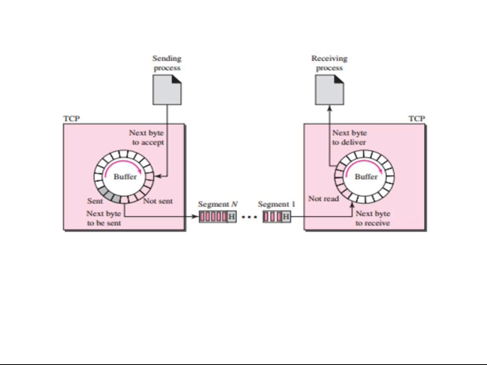For example, both the sender and receiver buffers keep track of how many bytes are already sent and how many bytes are yet to be sent. So there is a pointer, and similarly on the receiving side there is a buffer which keeps track of how many bytes are received and how many bytes are delivered to the receiving process or application.